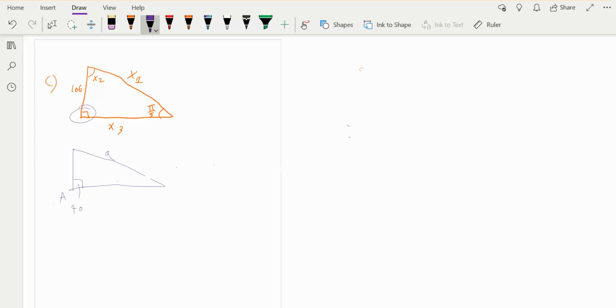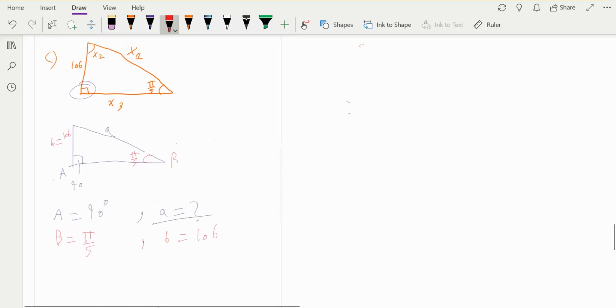We're trying to find side A. Let's call this B. We know that B is pi over 5, and we know that side B equals 106. Okay, let's call this C. And see, we have no idea what angle C is, and we have no idea what side C is.